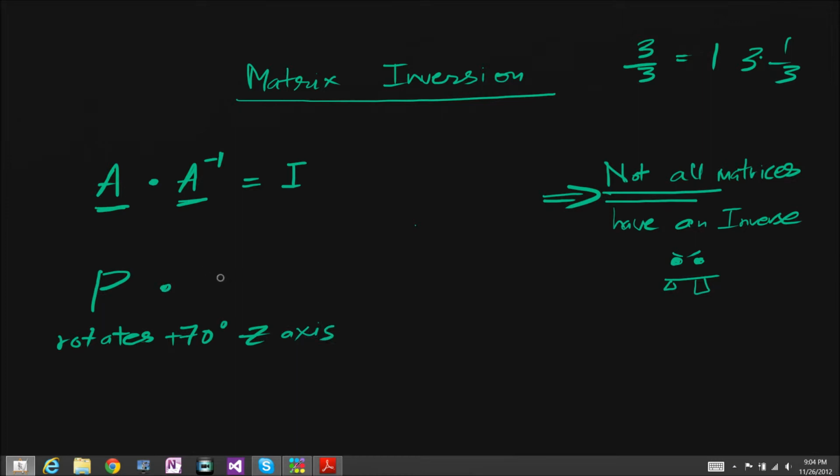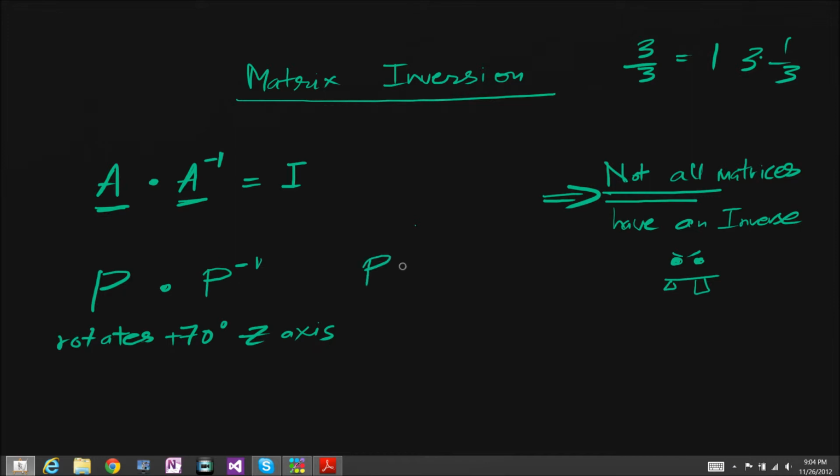Now let's say we find the inverse of this matrix, which is this guy right here. If we do this, now let's say that we've multiplied this matrix P to an object, and now it has rotated 70 degrees on the z-axis.